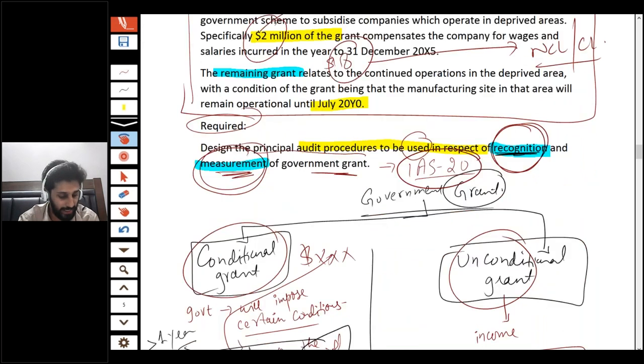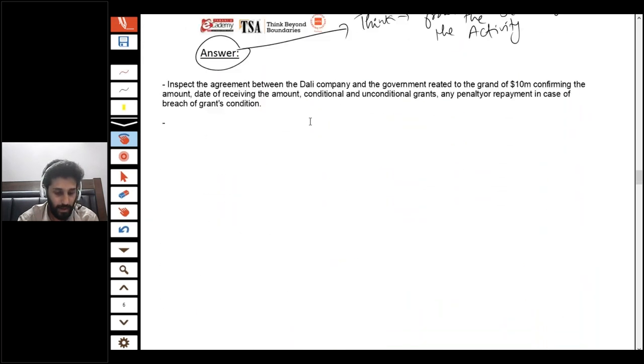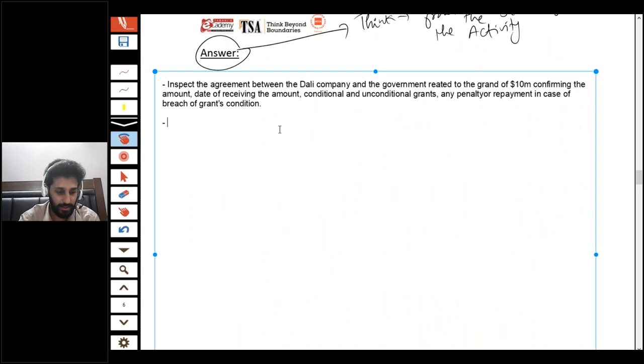So what I will be writing? Agree the amount of grant $10 million received in the bank statement in the month of July 20x5.